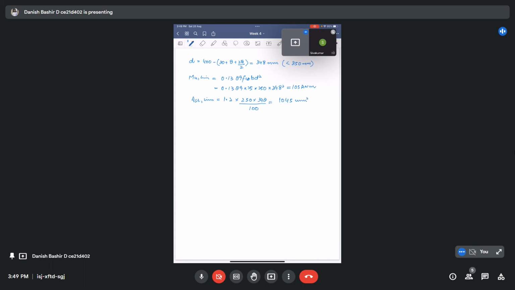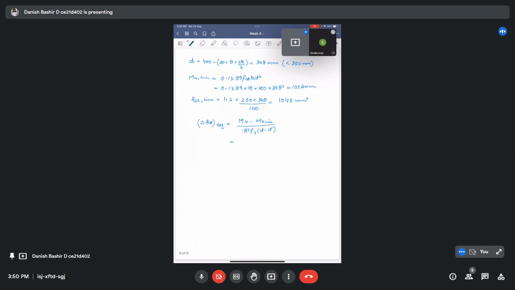So delta AST required now will be Mu minus Mu limiting by 0.87 Fy into D minus D dash. Put new D here, that is 348, and Mu is already calculated as 186, but now we get Mu limiting new as 105 kilonewton meter.